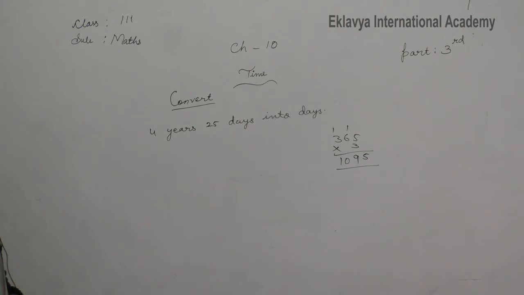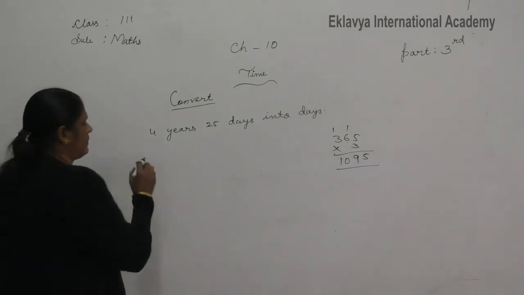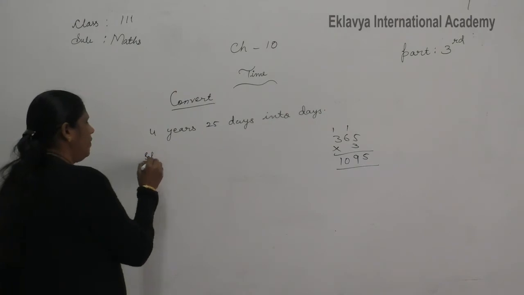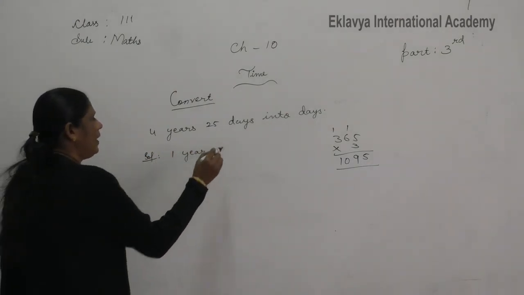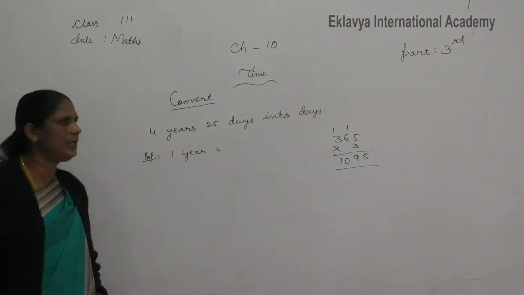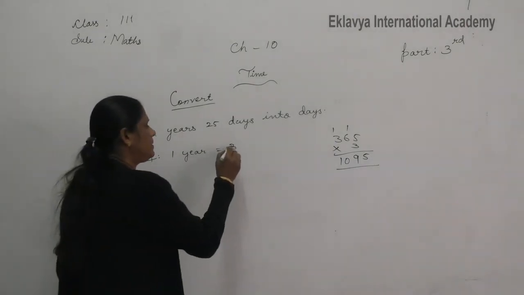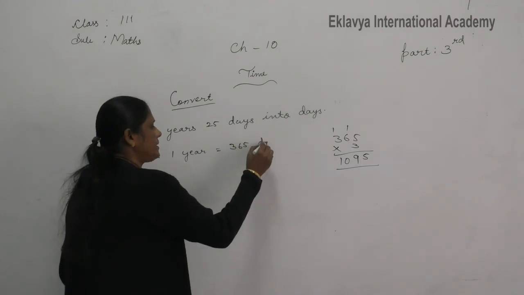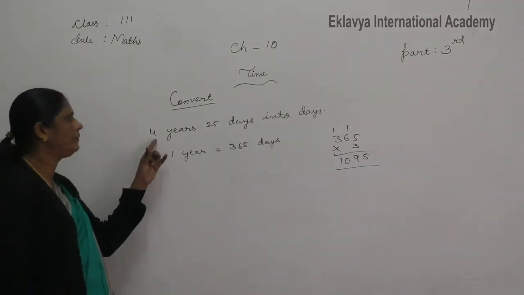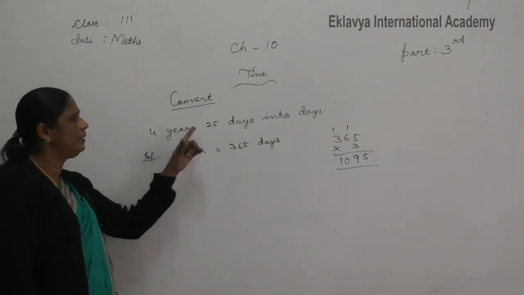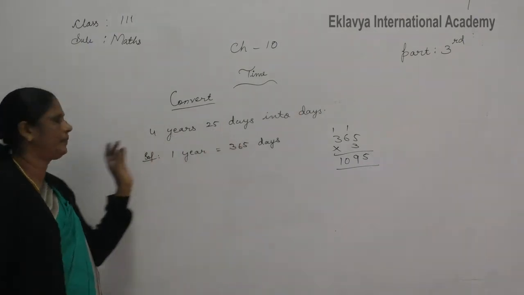Solution. 1 year is equal to how many days? 365 days. Okay. Then we have 4 years, 25 days.